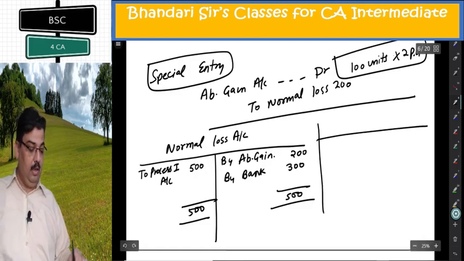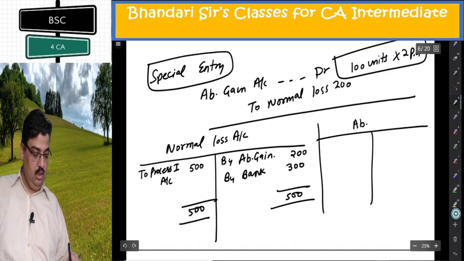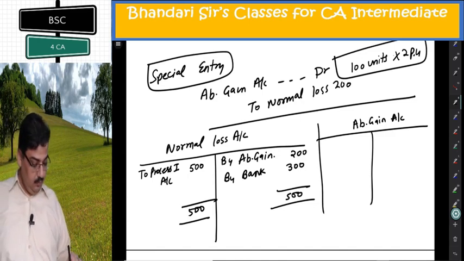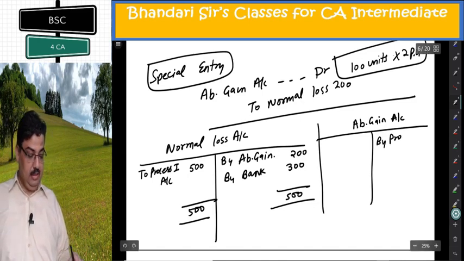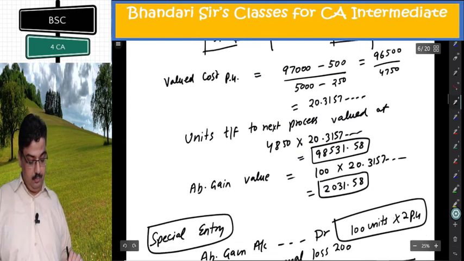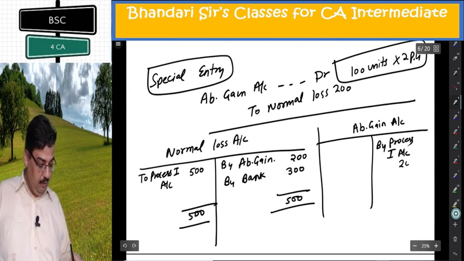What about abnormal gain account? There is no units column in gain and loss accounts. We just make for our understanding in detail. By process, it is coming from process account. By process one account. How much was the amount? 2031.58.